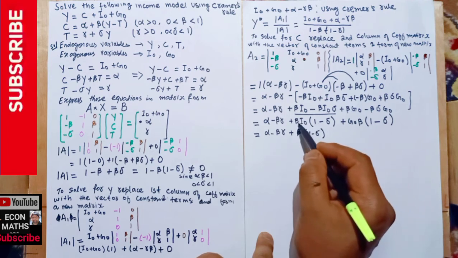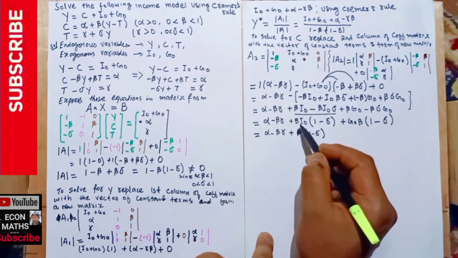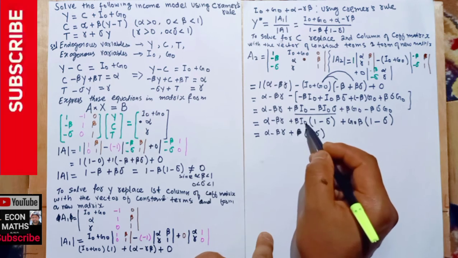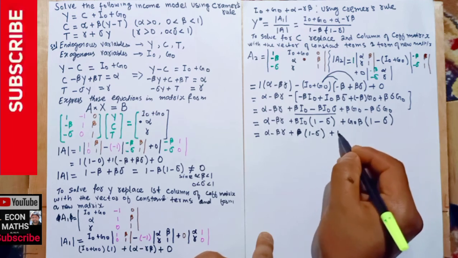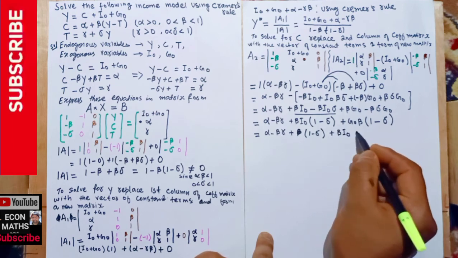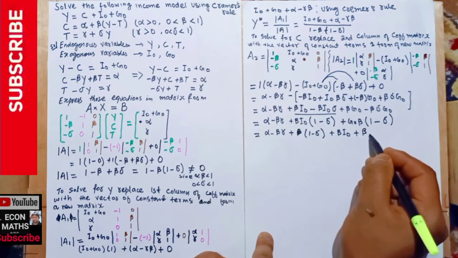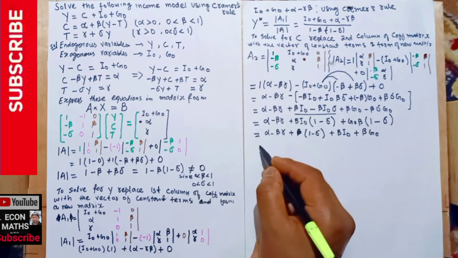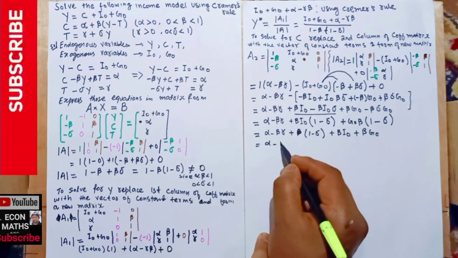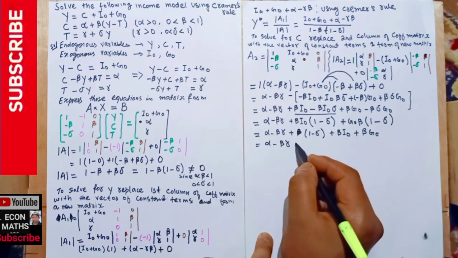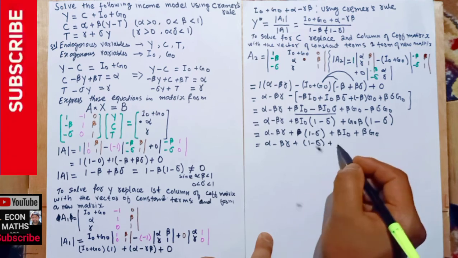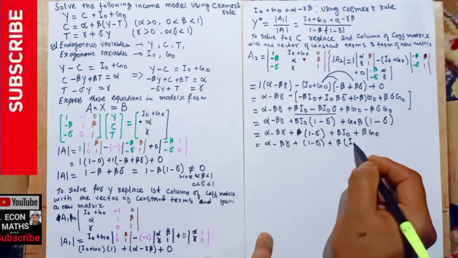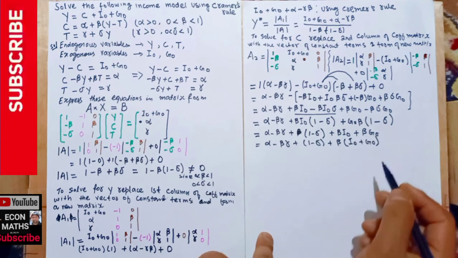Now we are left with beta I0 plus beta G0. So further solving this, alpha minus beta gamma plus 1 minus delta, and here we will factor beta also, that is I0 plus G0.